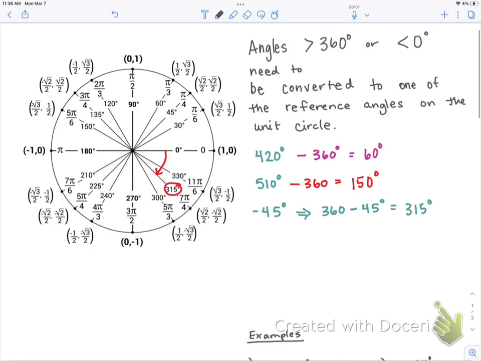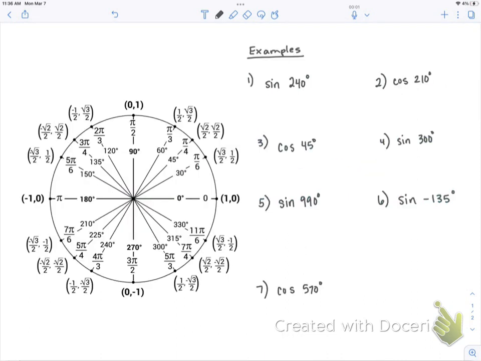Now, that's important because we're going to get to some examples where we want sine and cosine of specific angles on this unit circle. Remember that your x and y coordinates are your cosine theta, so cosine at your reference angle, comma sine theta. So you have your ordered pairs already set up. We're going to then identify your cosine or your sine depending on what it's asking for.